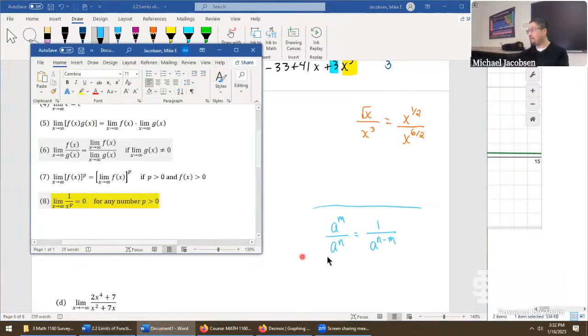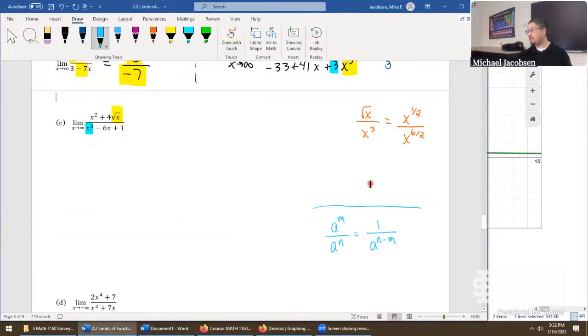We're trying to shove our expression down into the denominator so we can take the limit at infinity. The other way to do this, not as relevant, but still important, is a to the power of m divided by a to the power of n is a to the power of m minus n. So the subtraction is different whether you put your base in the denominator versus the numerator.